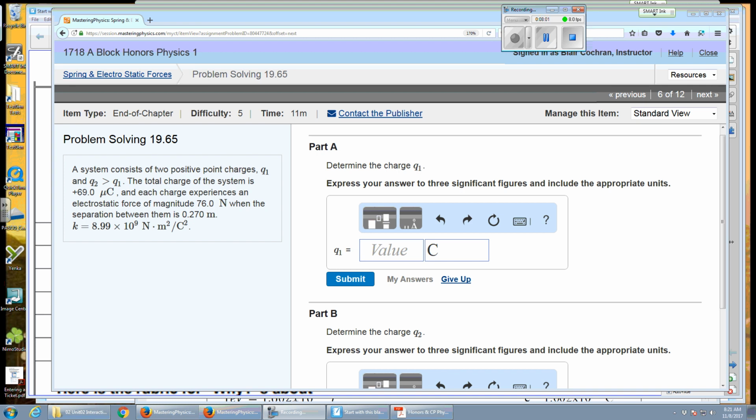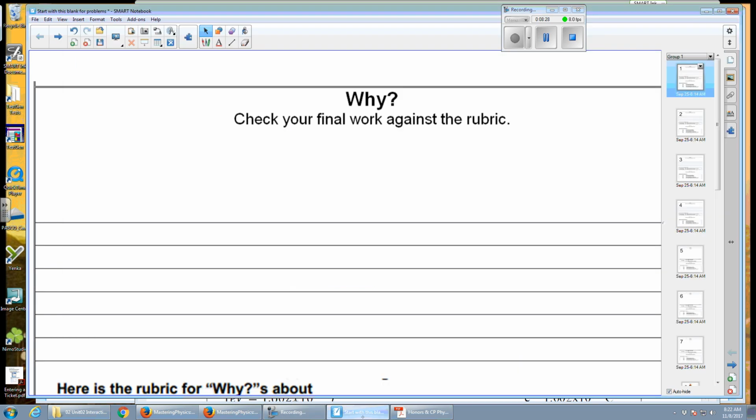All right, so on to number 6. And I think this one, you could do a force diagram as part of it, but I think you can just use a traditional Y on this. A diagram might be helpful, but I don't think a force diagram really tells us a whole ton.